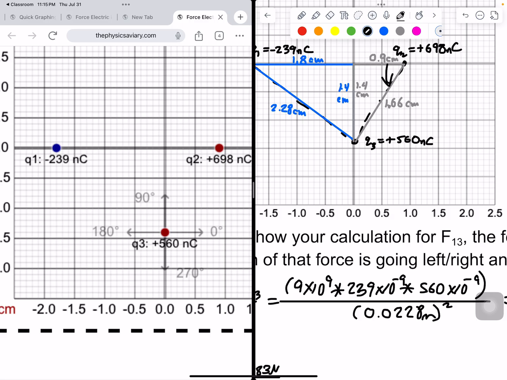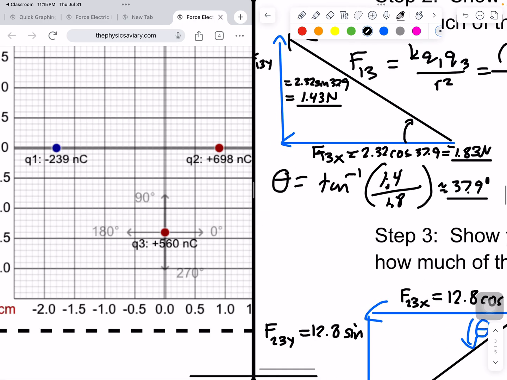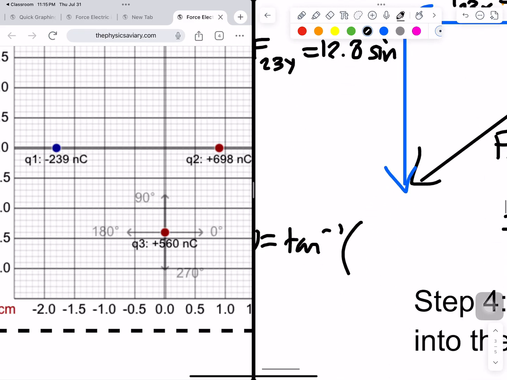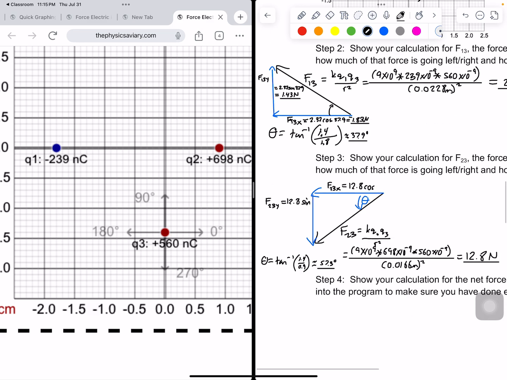That would give us this angle right here. So the arctangent of 1.4 over 0.9, in my case, this angle is going to be about 57.3 degrees. You should take the time to find your angle theta too.